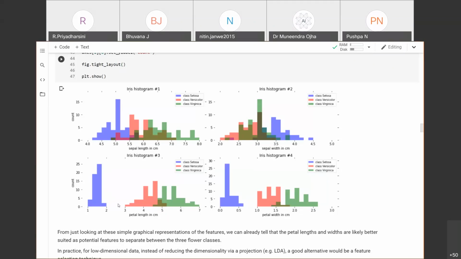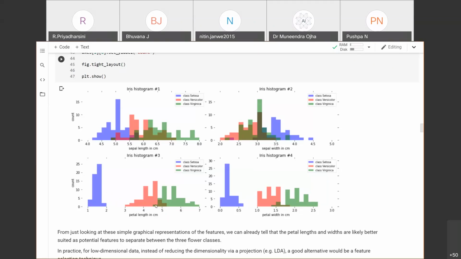That is why we say LDA is a supervised technique, in which we are observing the performance of the algorithm. If we distribute it on the basis of petal length, we observe that the setosa class has been clearly distinguished.